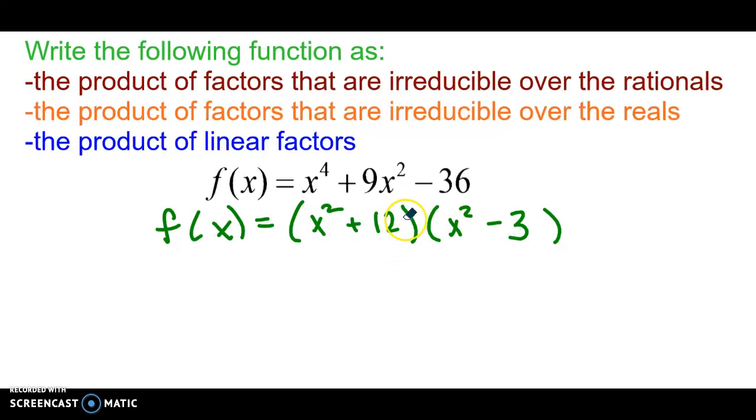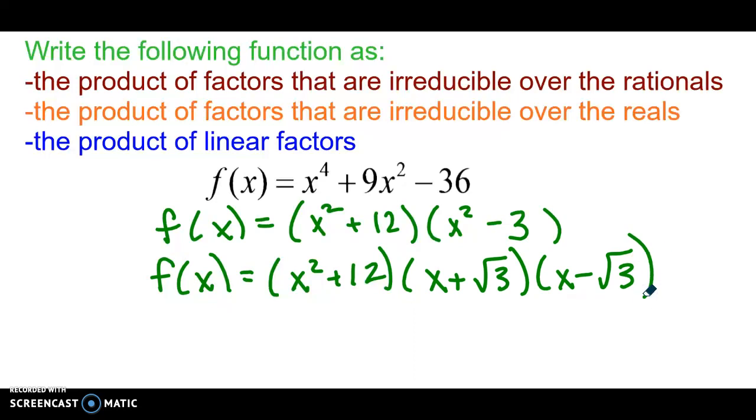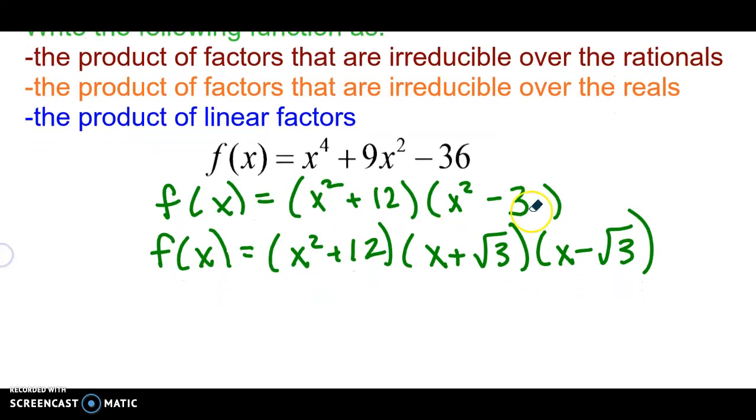So here we have two factors, both quadratic. Let's keep breaking this down. Let's leave x squared plus 12, because if I break this one down, I'm going to get imaginary numbers. This part would be x plus root 3, x minus root 3. These were irreducible over the rationals. These were irreducible over the reals.